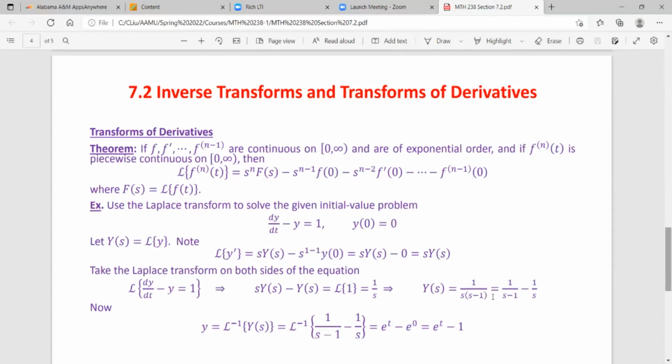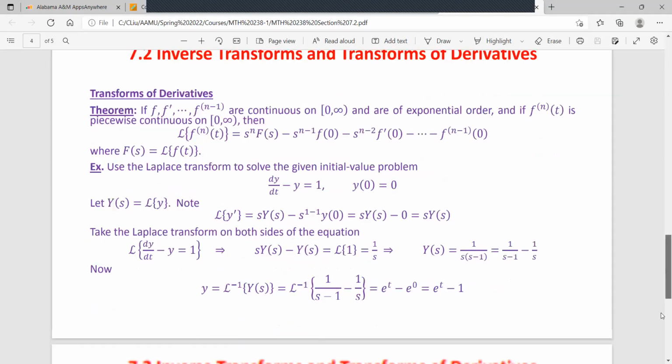So you can see how we can use the Laplace transform to solve this initial value problem. That's a brand new technique compared to the methods we discussed before. Any questions for this example or for this page?